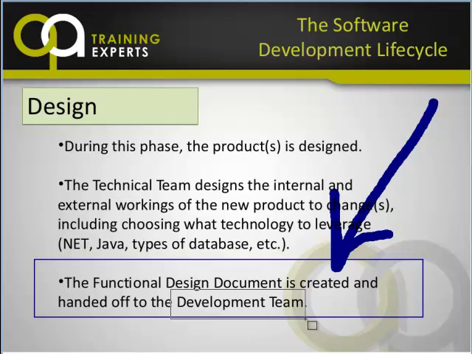Now we've got the development team. We talked about project managers, business analysts, and subject matter experts, and I think I mentioned the designers, the technical team, the system designers. I'm just calling them the technical team for now.